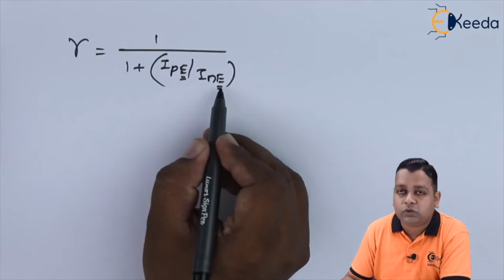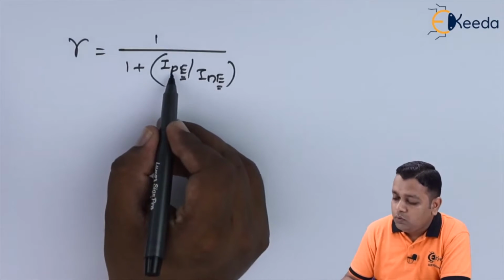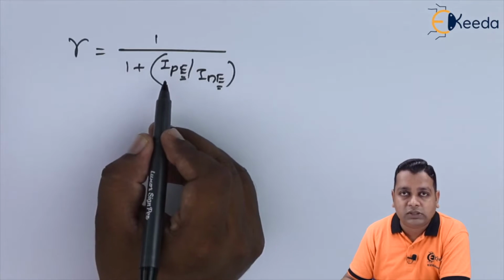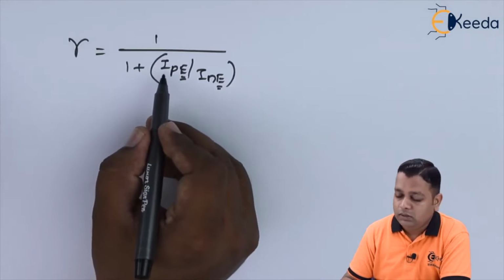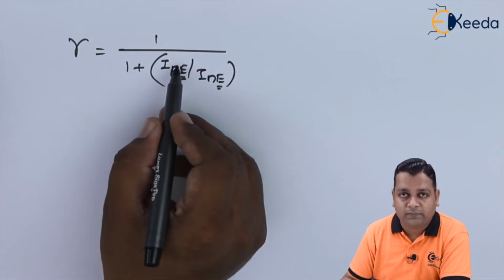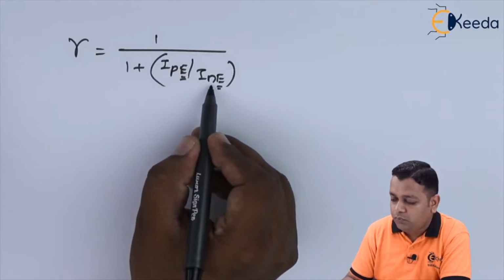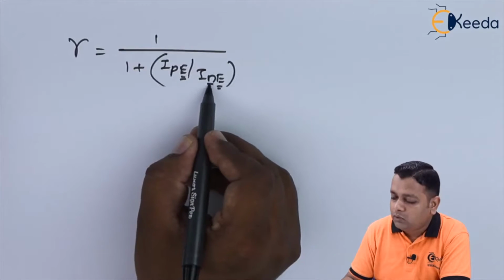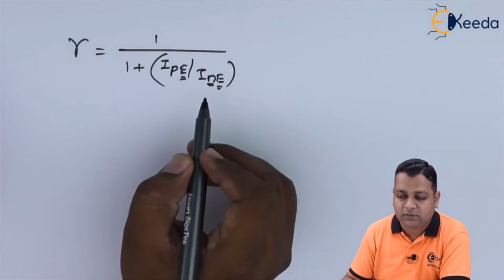Now P designates the charge carriers to be the holes responsible for the contribution into this current here, whereas this current component is produced because of the flow of electrons being the charge carriers here.